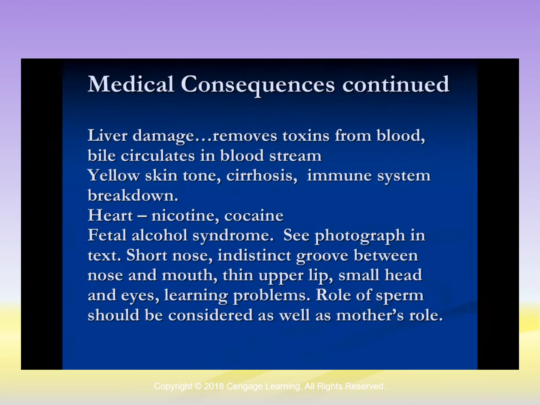The skin might turn yellow or gray. A person actually might have yellowish or gray eyeballs and bloodshot eyes. And then we have a cirrhosis of the liver, which is where the liver is breaking down, and then the immune system breaks down as well. The heart can be affected by nicotine and cocaine. It is not uncommon for people to have strokes or heart-related issues as well from cocaine.